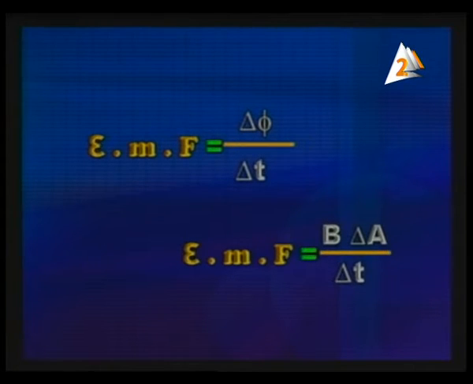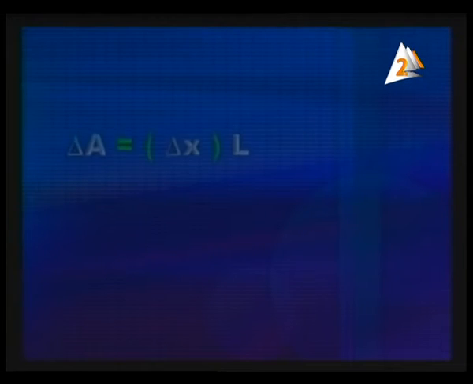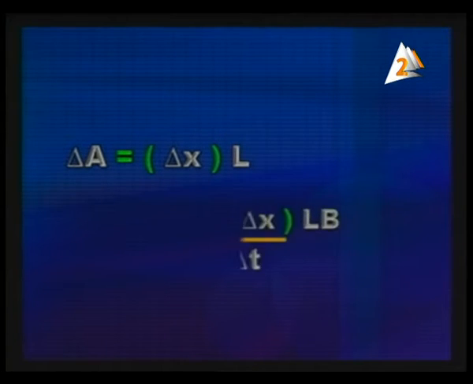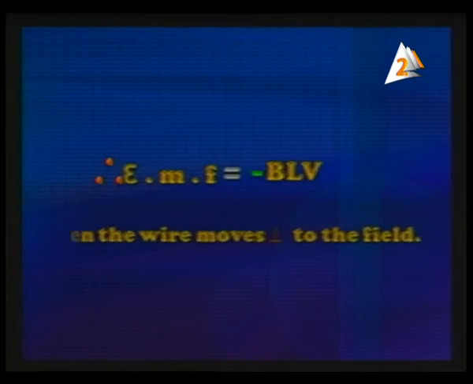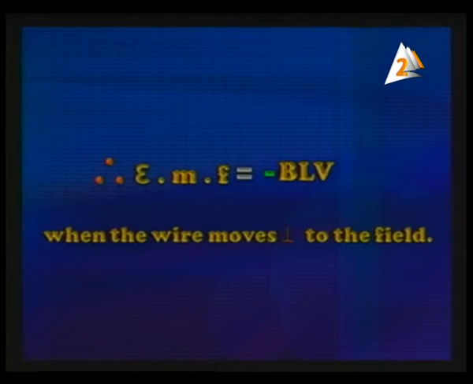So EMF equals B delta A over delta t. As I said, delta A equals delta x times L. So EMF equals delta x times LB over delta t. Delta x is distance, and distance over time gives the velocity. So we can say EMF is equal to negative BLV.